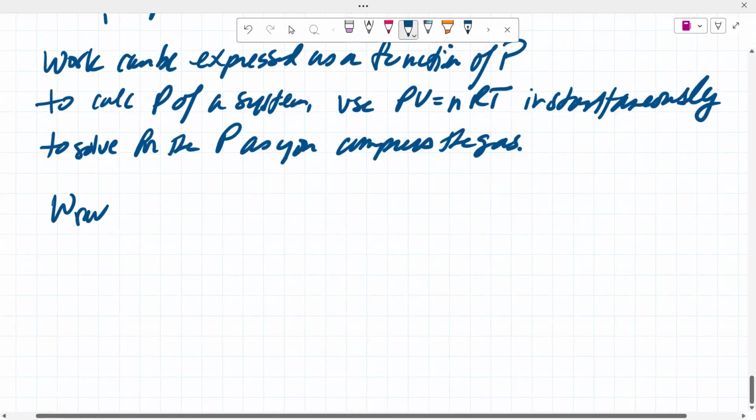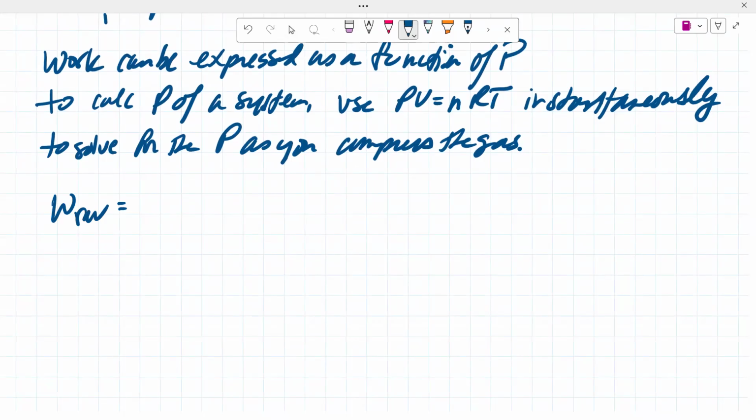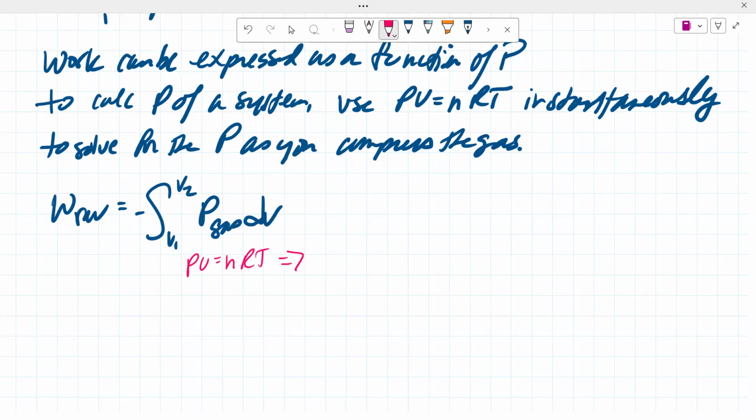Work reversible. So the reversible means we're doing that infinitesimal thing. Okay, negative integral from V1 to V2 of the pressure of the gas, dV. We apply PV equals nRT. Then we can solve for P equals nRT over V. Yeah, that's where that comes from.